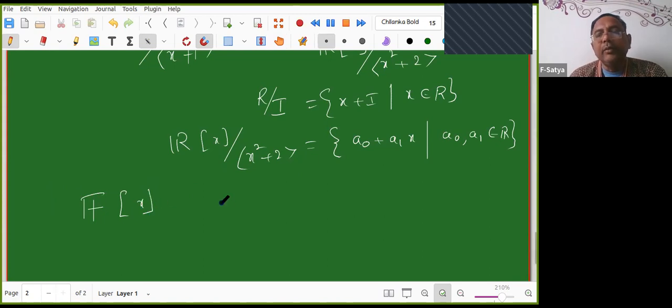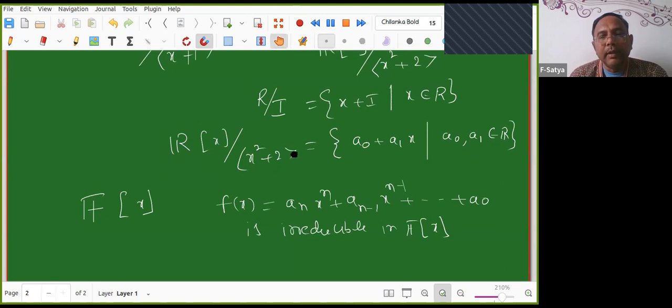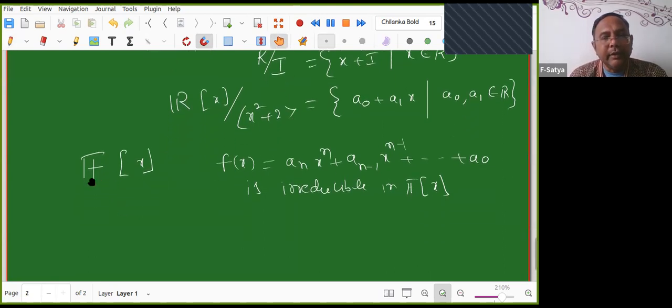Then I take an irreducible polynomial, like f(x) equal to a_n x^n plus a_{n-1} x^{n-1}, and so on, plus a_0, which is irreducible in F[x]. F is abstract now. We don't know. When I say R, then you know what these are, right? But now we do not know what this F is and what this polynomial is also. But I told that it is irreducible, right?